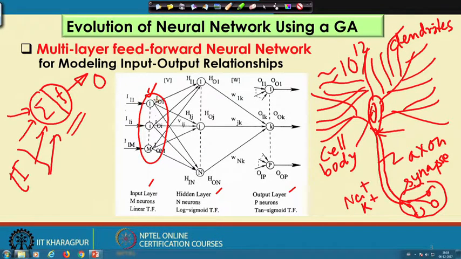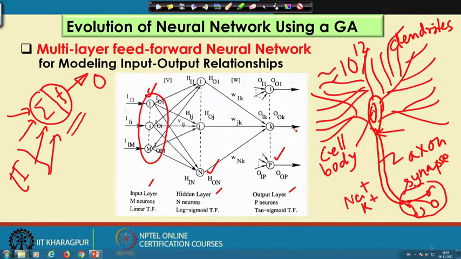For example, here I have considered 1 up to m. So, there are capital M number of neurons lying on the input layer. Similarly, on the hidden layer we have got capital N number of neurons, and on the output layer we have got capital P number of neurons.